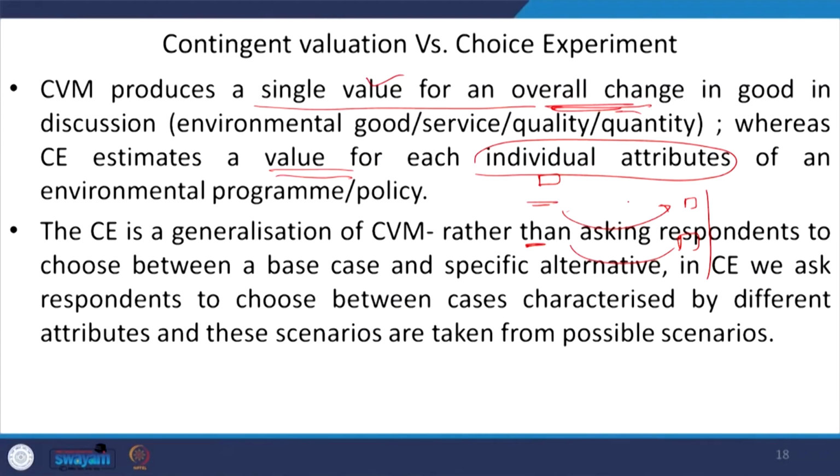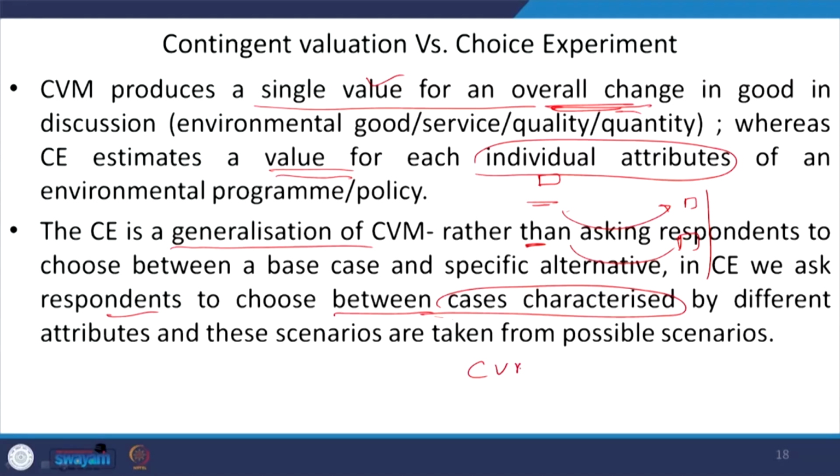And moreover, choice experiment is a kind of generalization of the contingent valuation method. In CVM, the respondents are asked to choose between the base case, that is the status quo, and a specific alternative.